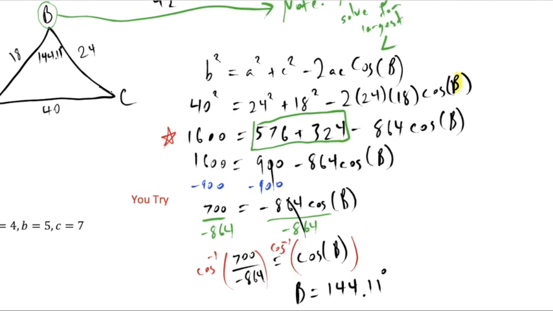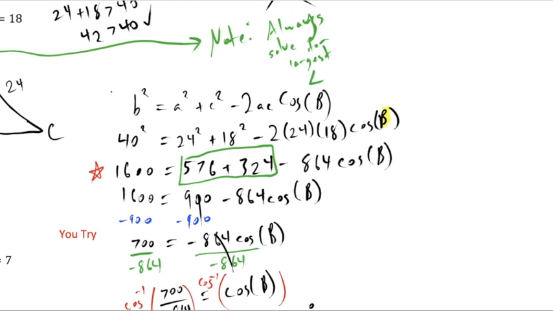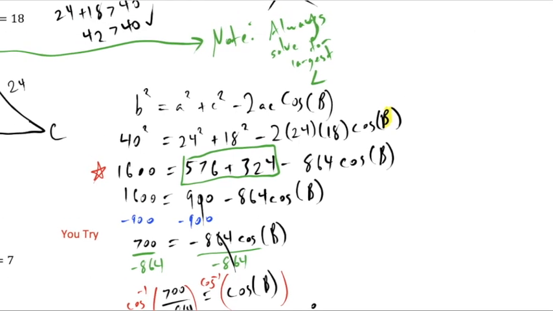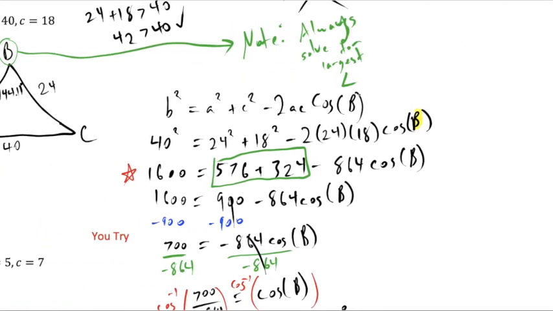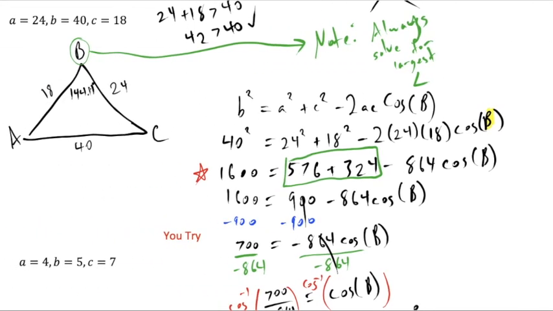So I'm going to now come over here and solve for the next piece. We can set up our ratio since we have this completed ratio of 40 and the angle of 144.11 degrees. I need to solve for either of the other two angles.